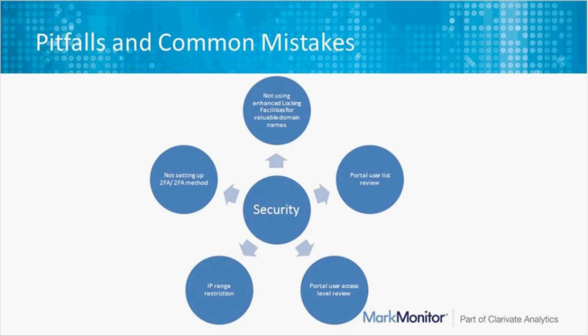So what we've noted here at MarkMonitor is this frightening and slightly alarming trend of not using facilities that are available to you for your primary or most valuable domains. And this is like not using our locking facilities. So we have 2 tiers of locking facilities to further enhance security of your primary domains.